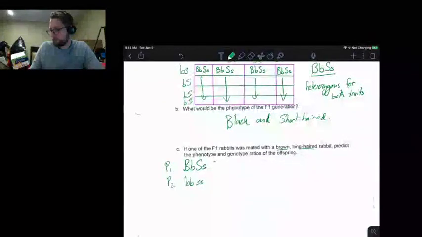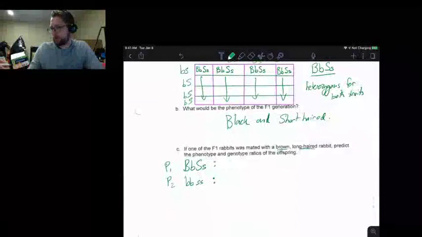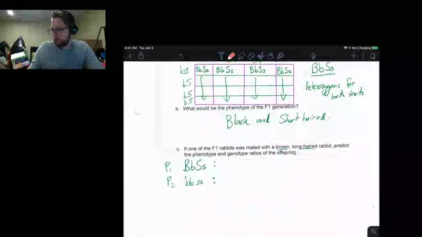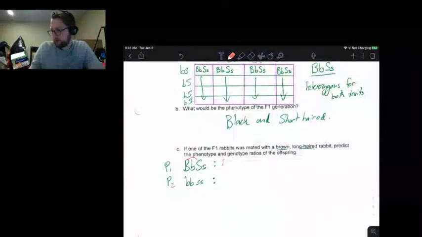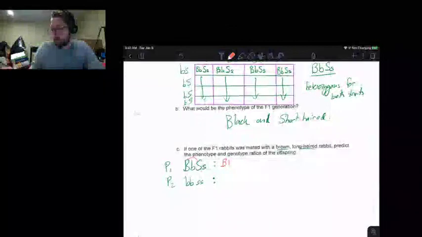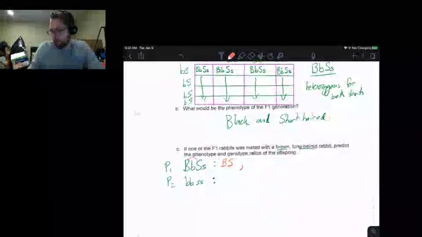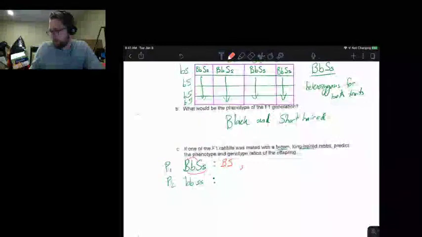So what sort of allele combinations can we get? This is the one where we have to be a little bit more careful. We're going to use the outside, the first pair first: a dominant B and a dominant S. We're going to use the outside, dominant and a recessive.